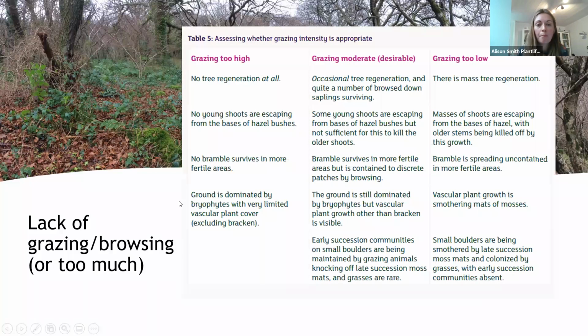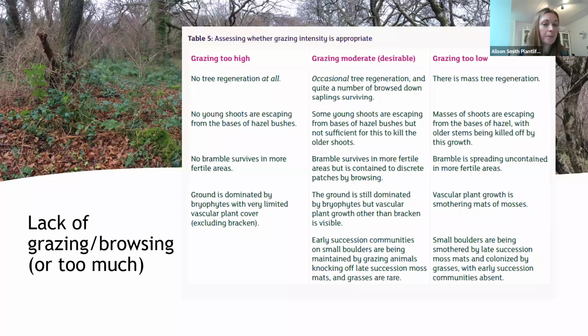This is taken from our management handbook. So again, it is about having a balance, and this is just giving an idea as to how you can assess whether the grazing in an area is too high or too low, or whether it's about right. So if there's no regeneration taking place at all in terms of the trees, then potentially that grazing level might be too high.